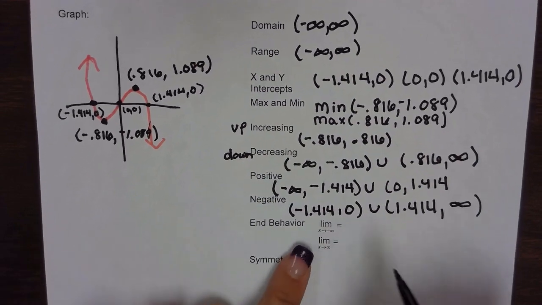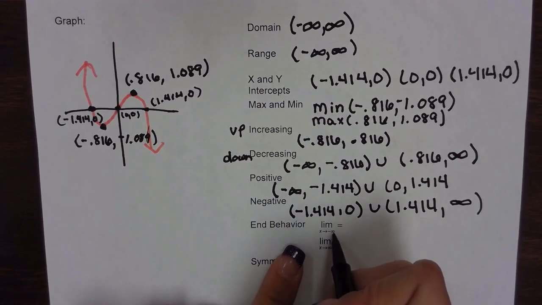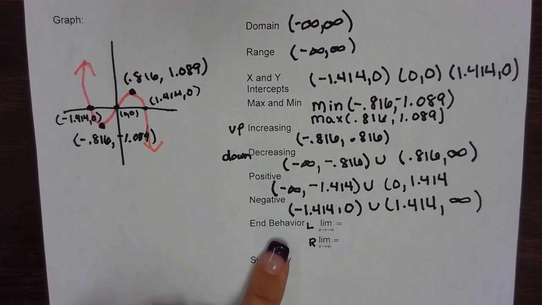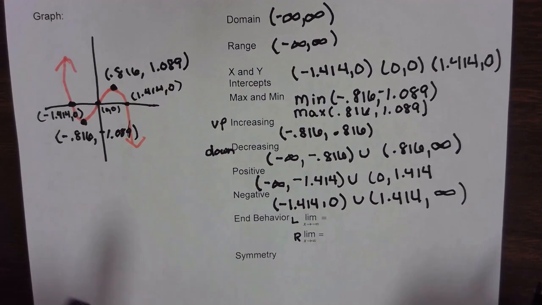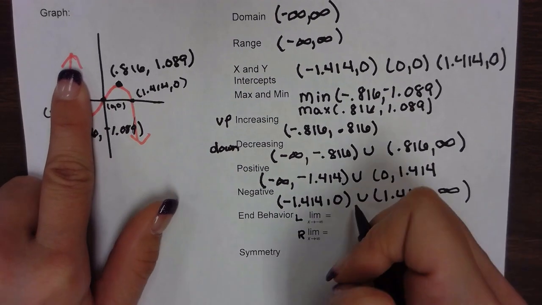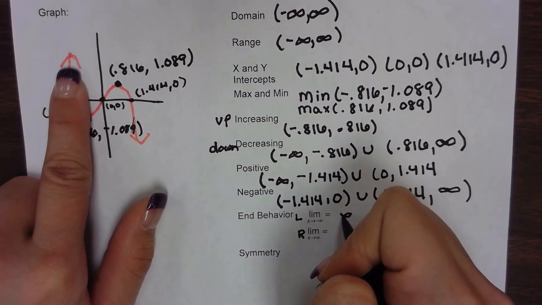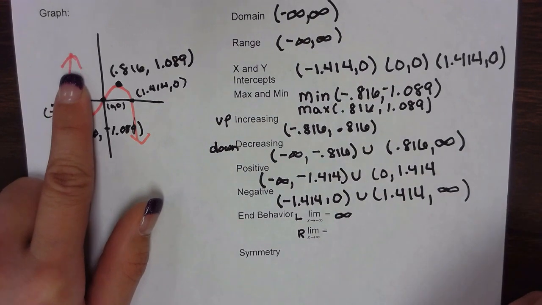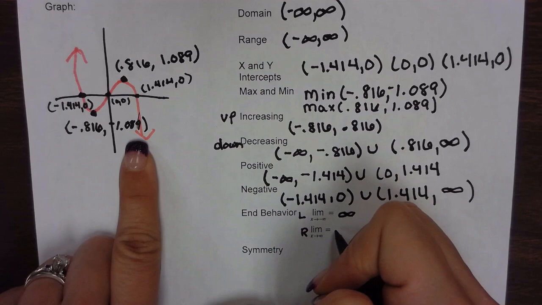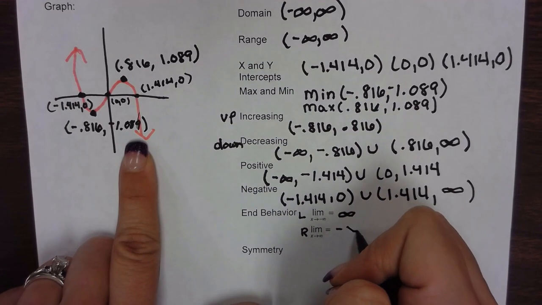And end behavior. So right here it says x to negative infinity, which is our left, and then positive infinity is our right. So on the left side, which way is that arrow pointing? It's pointing up to infinity. On the right side, where is that arrow pointing? It's pointing down to negative infinity.